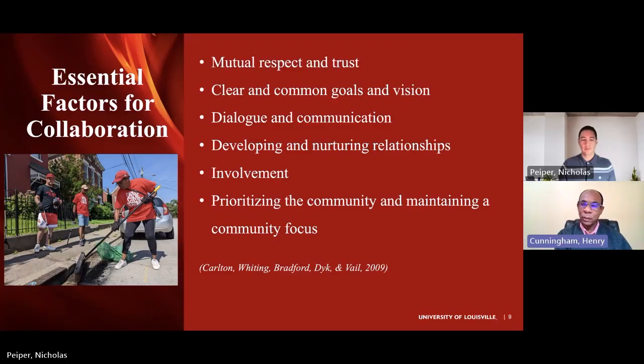And we tend to give the priority of the community as a secondary point. And it's important: this work should be mutually beneficial. This work should be reciprocal. So there needs to be equal priority to your scholarly endeavors as well as the needs of the community and your community partner.